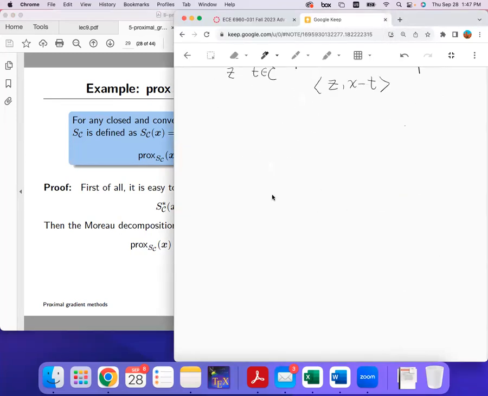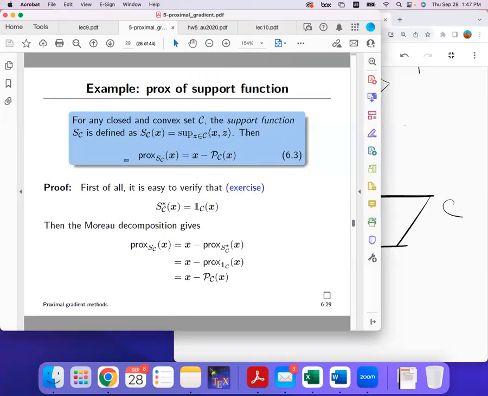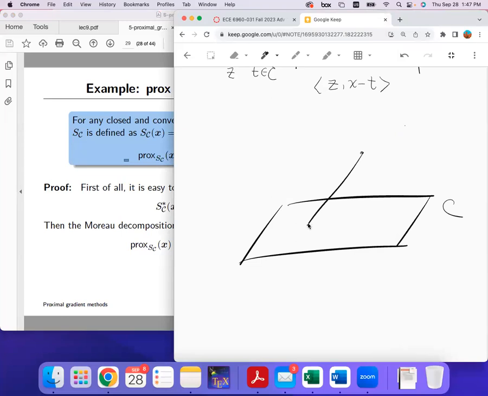If C is a linear subspace, we can quickly answer this. Let's say x is this vector, and I'm looking for the vector in this set that has the highest correlation with it. So you project x onto this space, and this projected vector is the one you want to go for.